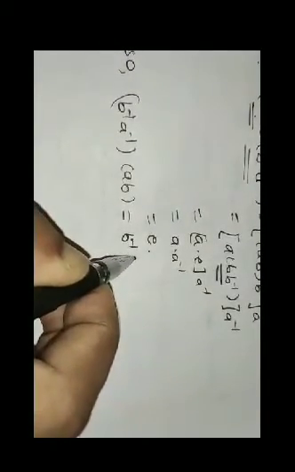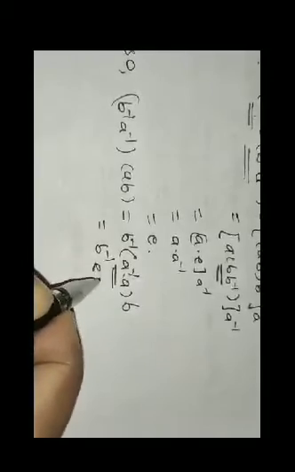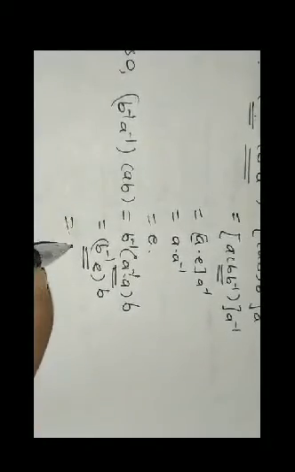B inverse into (A inverse A) into B; A inverse A is the identity element, then B inverse into B, and B inverse into B is the identity element E. So here we observe that B inverse A inverse AB is equal to E is equal to AB into B inverse A inverse.